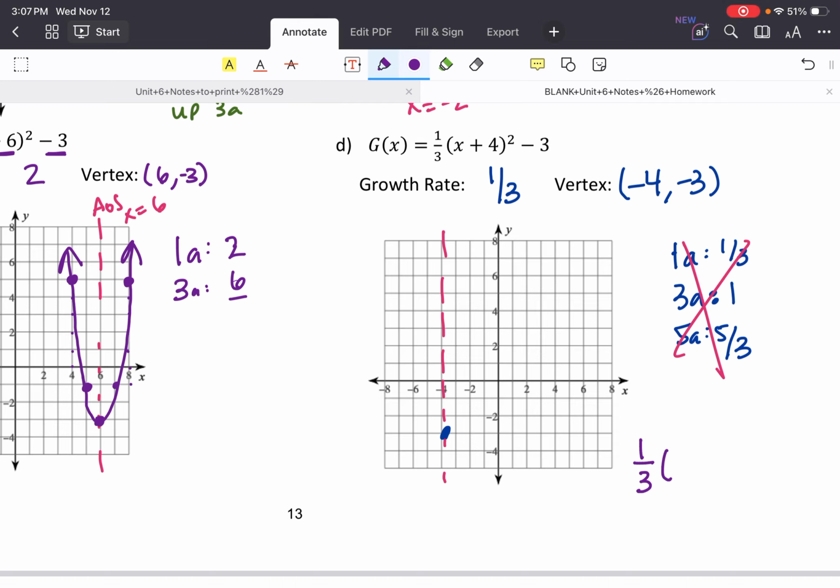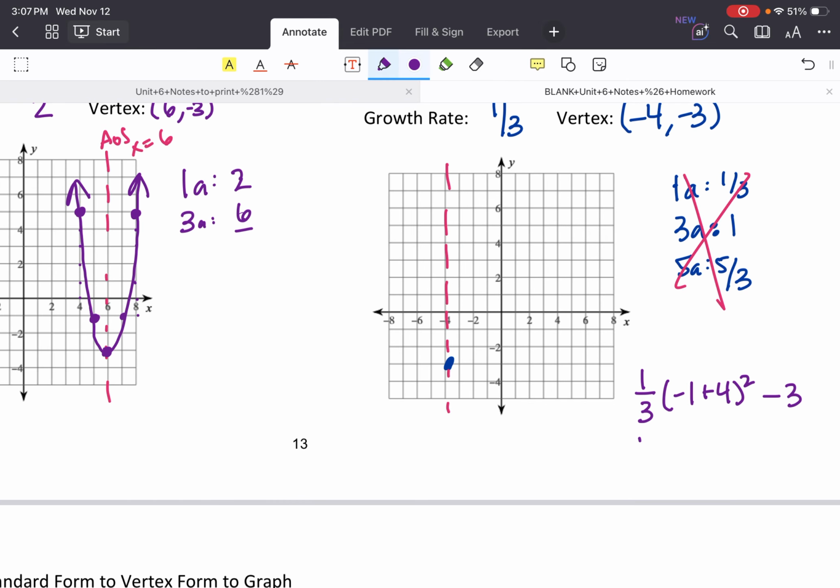So if I have 1/3 and I put a -1 in for x in (x plus 4) squared minus 3, I'm going to get 1/3 times (-1 plus 4, which is 3) squared, minus 3. 1/3 times 9 is 3, minus 3 gives me 0. So at -1, I have a point at 0, which means I can mirror it.